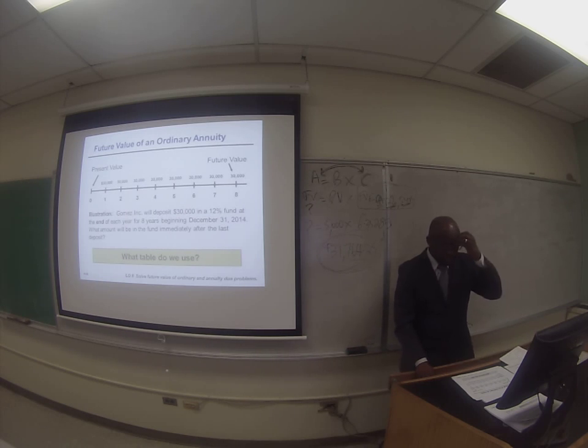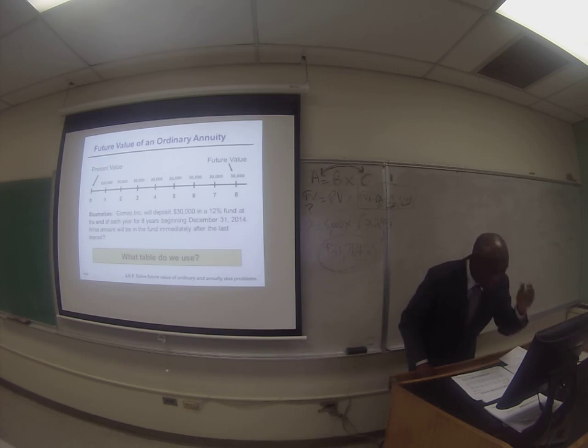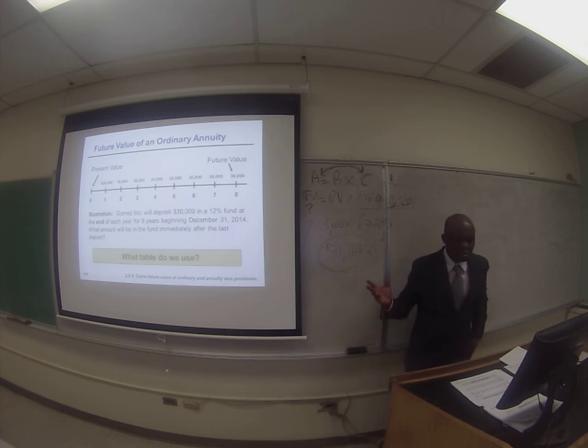Okay, let's take a look at another illustration. Future value of ordinary annuity. The company deposits $30,000 in a 12% fund at the end of each year for 8 years beginning December 31st, 2014.